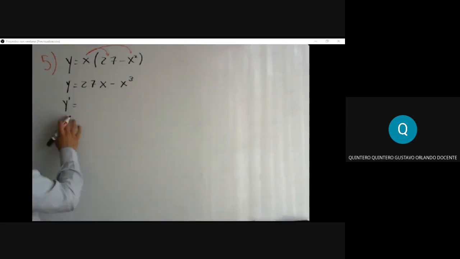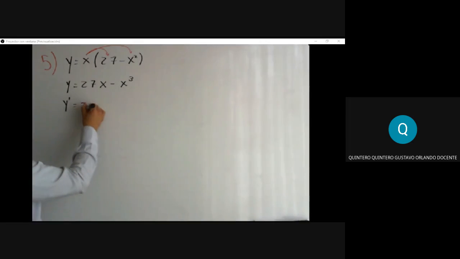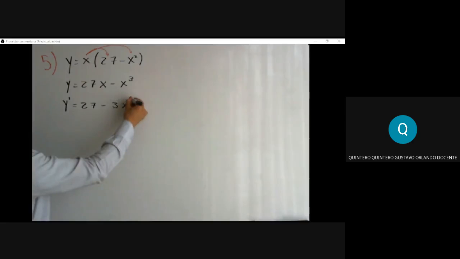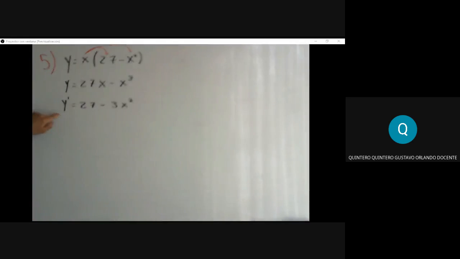And y prime, the derivative of y, will be 27 minus 3x squared. Like this, I just found the derivative of my main function. Pay attention, please, to the notation. Over here, I have y, and over here, I have y prime. This is the main function, only that I distributed the x, and over here, I already found the derivative, right?